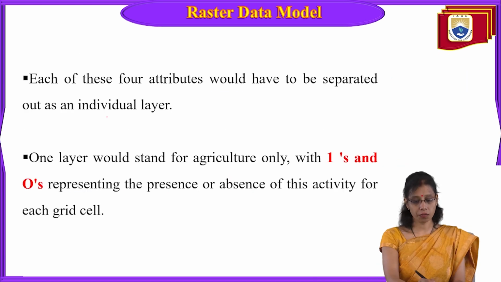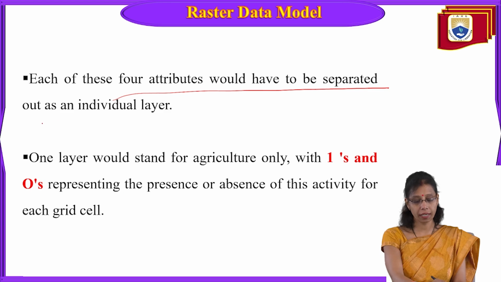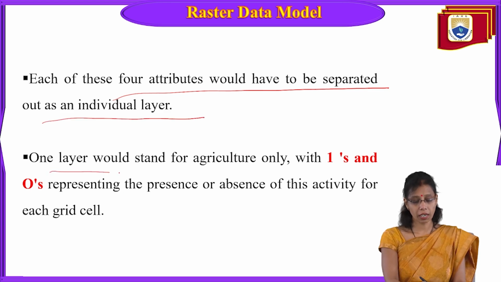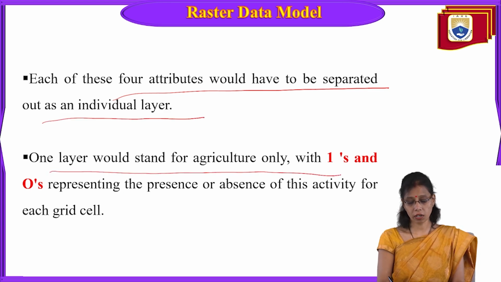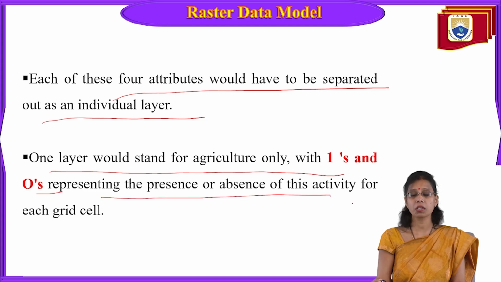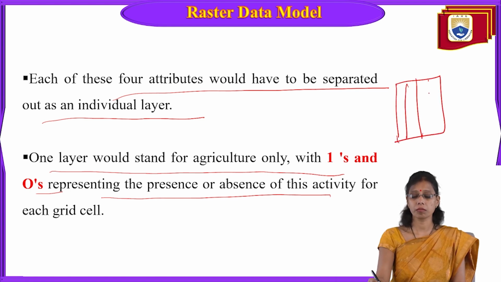Each of these four attributes would have to be separated out into an individual layer. One layer would stand for agriculture only, with ones and zeros representing the presence or absence of the activity for each grid cell. If you want to show only one layer, suppose this is your grid, and you want to show agriculture, so let us say 1, 1, 1, 1, like this.